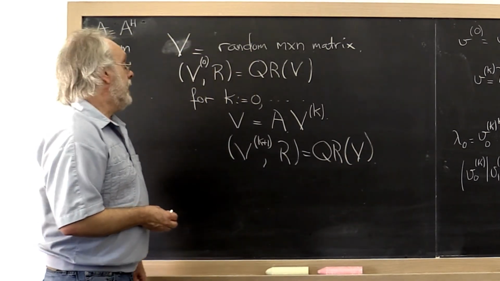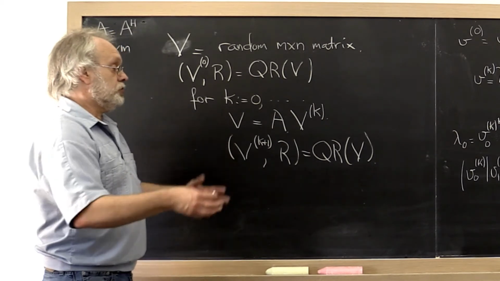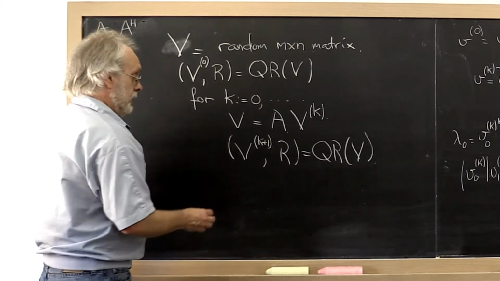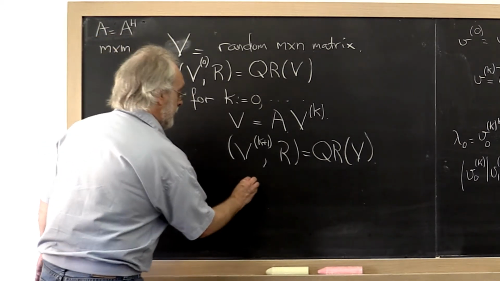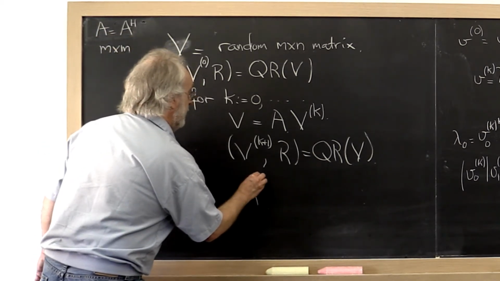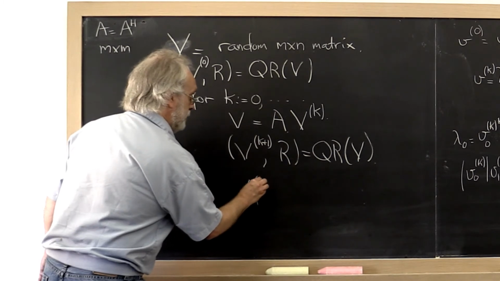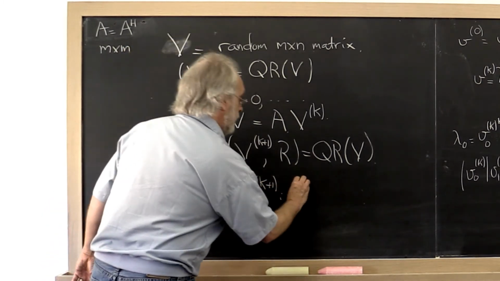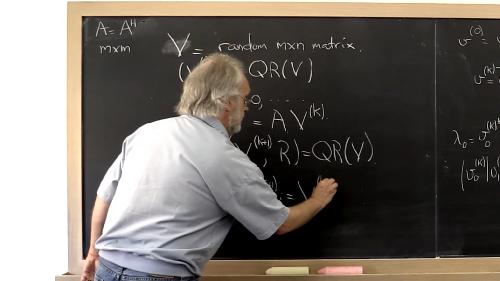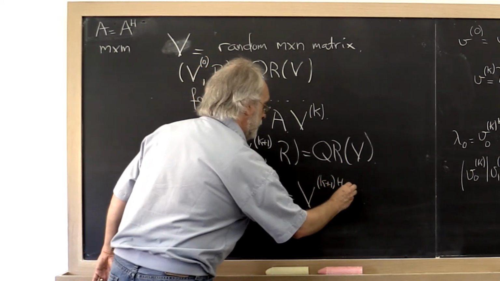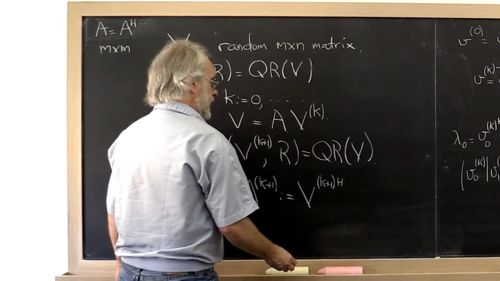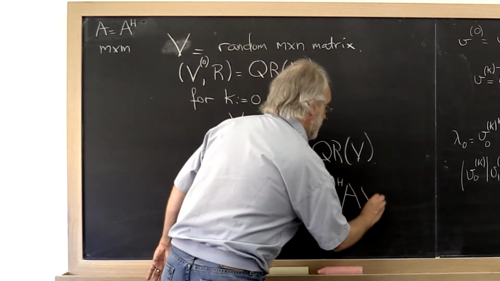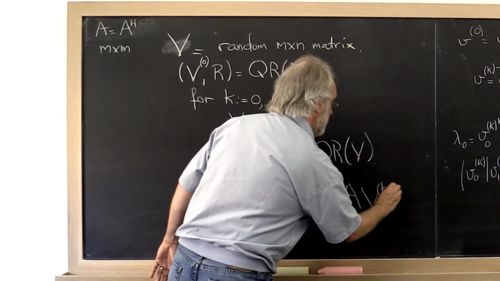And then if we want to track what's happening with the eigenvalues, we may even want to create a matrix A_{k+1} equal to V_{k+1} Hermitian transpose times A times V_{k+1}.